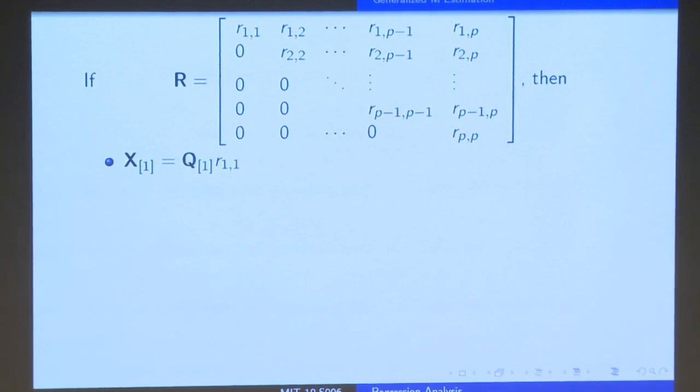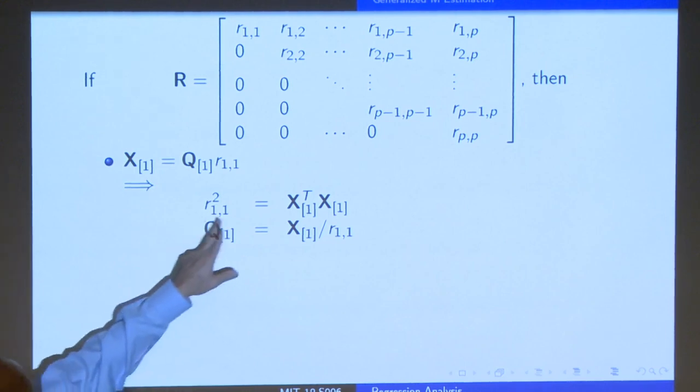So the first column of X is equal to the first column of Q times the first element, the top left corner of the matrix R. If we take the dot product of that vector with itself, then we get this expression for R11 squared.